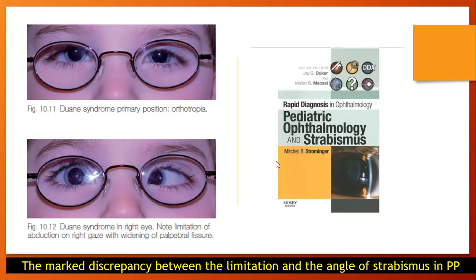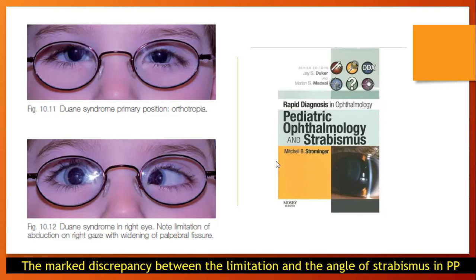So there is marked discrepancy between the limitation of movement and the angle of strabismus in the primary position. This is mostly a Duane syndrome. If it is the sixth nerve, there should definitely be significant esotropia in comparison to the limitation of the movement.